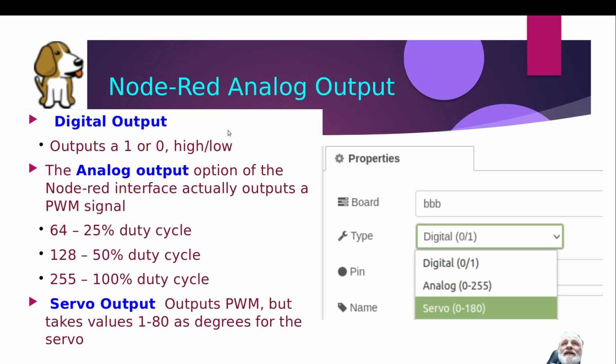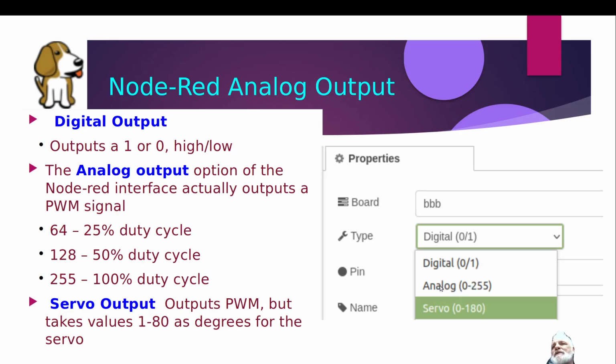All right, so when we're trying to set this up in Node-RED, we have to be careful when we select the type of output. If we select digital, that means we're going to have a high or a low out. So where it says 1 here, that's actually going to be 3.3 volts.